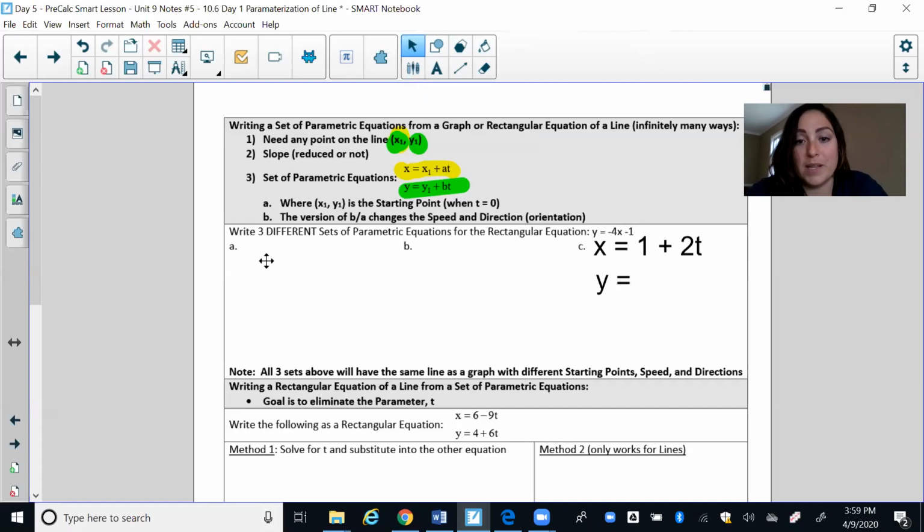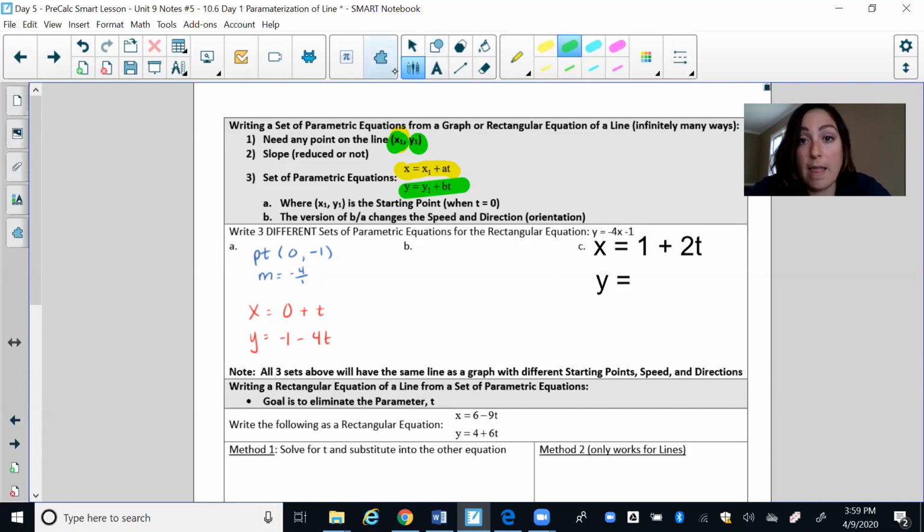So one possibility would be using a point we know that's on the line, our y-intercept, (0, -1). And then our other way is using our slope, which is -4 over 1. So again, what's happening to x? X is starting at 0, and slope, remember, is change in y over change in x.